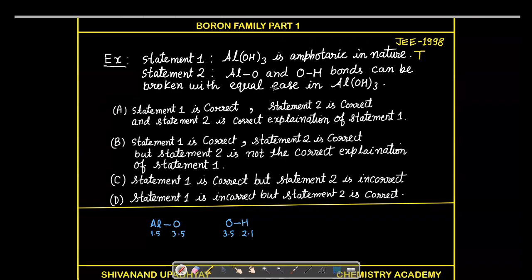It has nothing to do with the ease of breaking of the Al-O and O-H bonds. Ease of breaking is related to electronegativity difference, and the electronegativity difference differs here. So statement 2 is false, statement 1 is true. From here we can say that C will be the answer. Statement 1 is correct, but statement 2 is incorrect. C will be the answer.